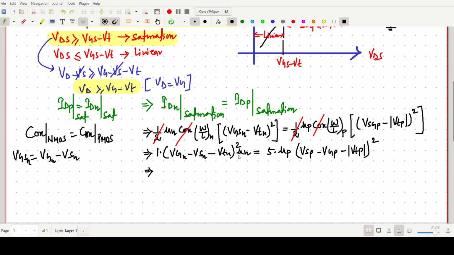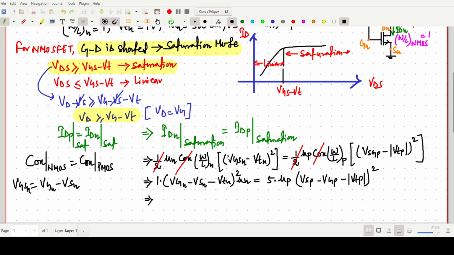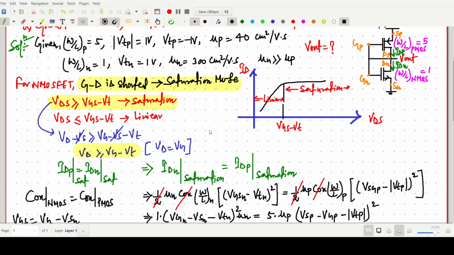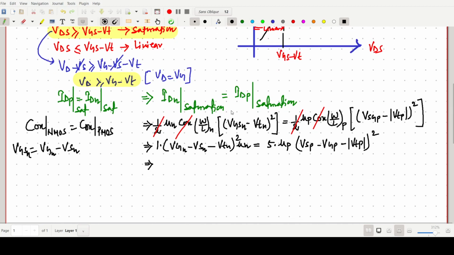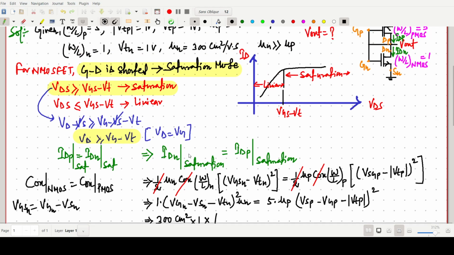So the value of mu n is 300 centimeter square per volt second. So I am writing here 300 centimeter square per volt second. Okay, W by L is given, unitless. Then after, VGN.